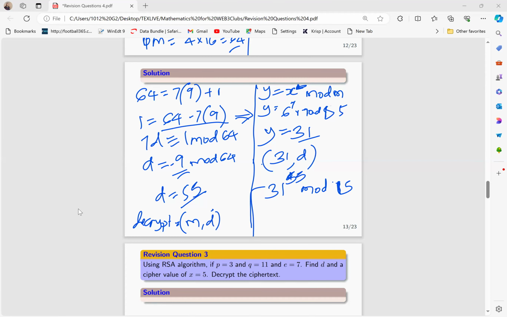So let's now proceed. Now, what is to do? One is supposed to tell us what his P was and what his Q was. Then from there, he'll explain to us how he obtained the public key.